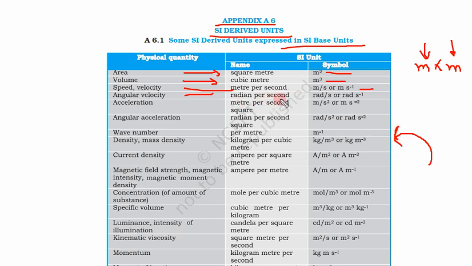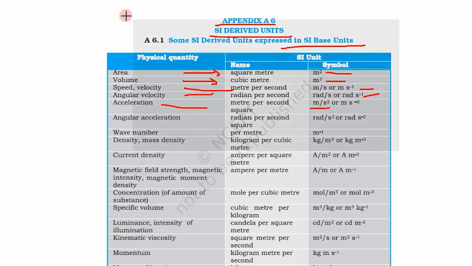So this unit is rad per second. Acceleration unit is meter per second square. Again this is a derived unit with two basic units, meter and second.